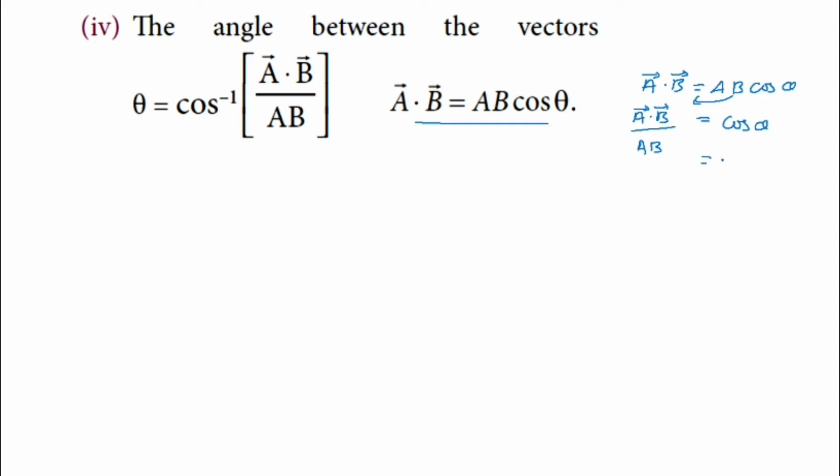So to find the angle between A and B, theta equals cos inverse of A vector dot B vector by A and B. This is the angle between A and B.